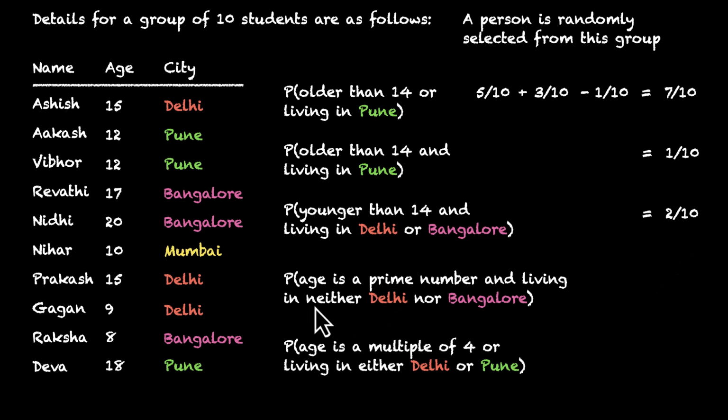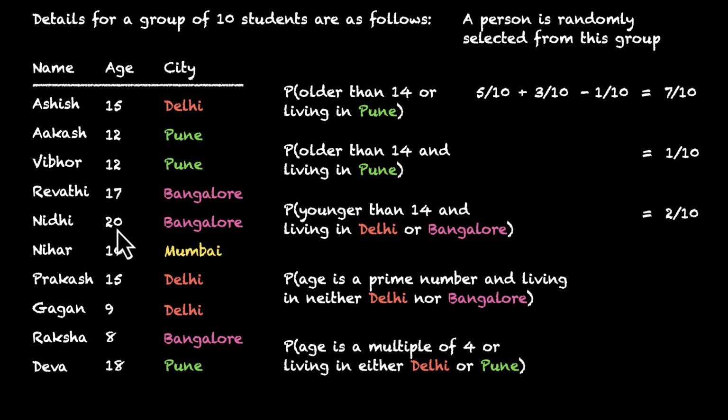Next one, probability that age is a prime number and they're living in neither Delhi nor Bangalore. So you have to exclude the ones that are in Delhi or Bangalore and their age has to be a prime number. Which criteria should we pick? Let's look at their ages because most of them are not prime numbers. Where do we have a prime number? 15, 12, 17, yes. 17 is a prime number. Do we have anything else?